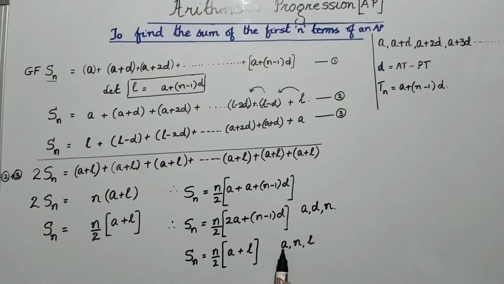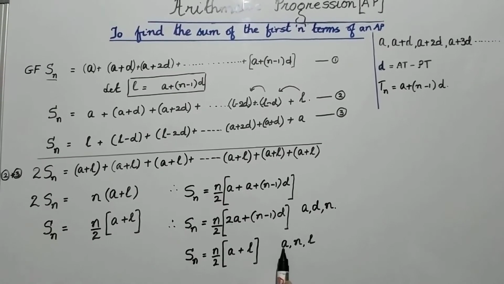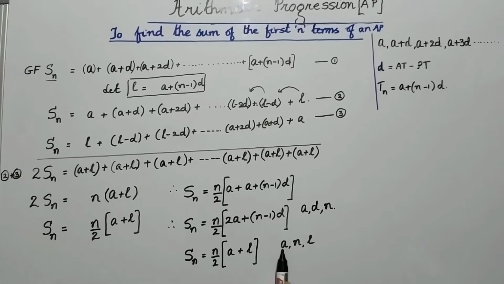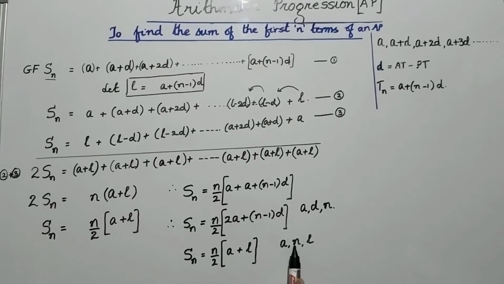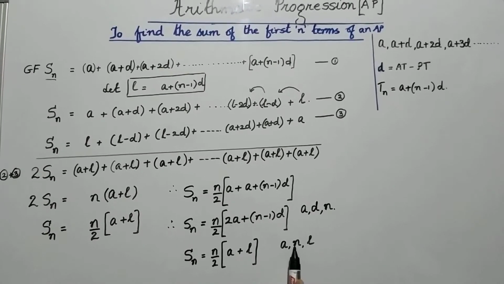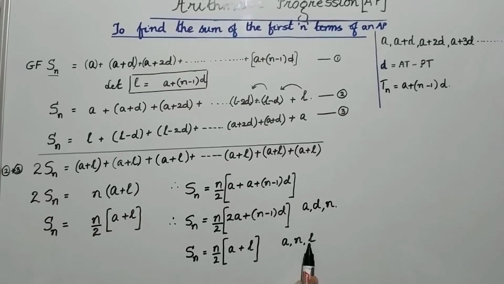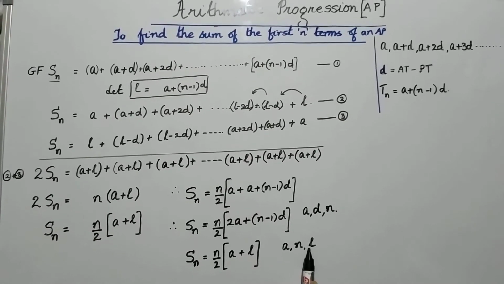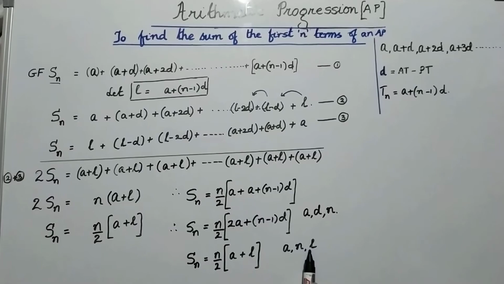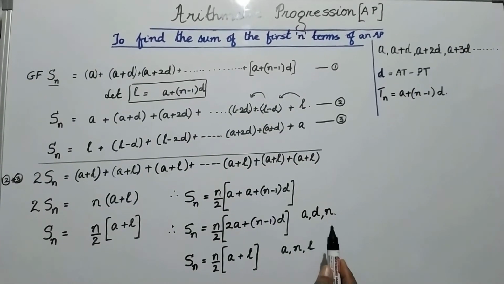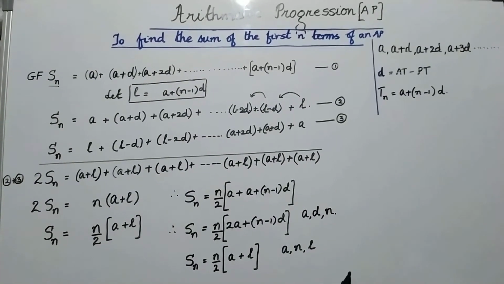A stands for the first term of the AP, n stands for the number of terms, L stands for the nth term or the last term, and D stands for the common difference.